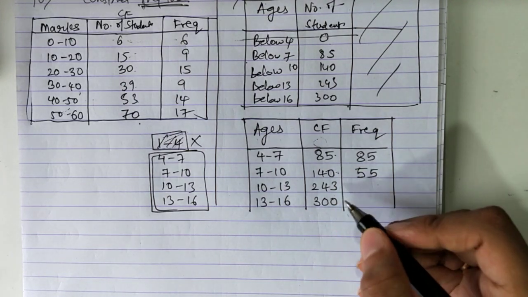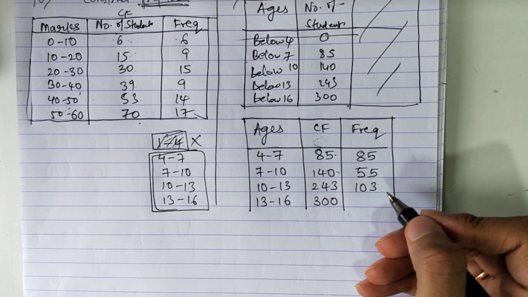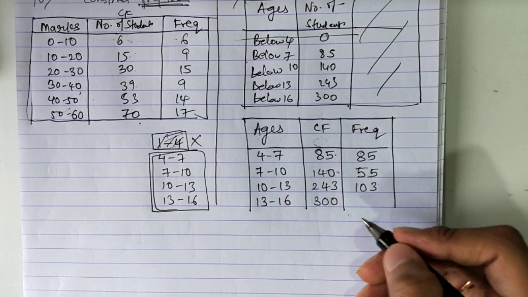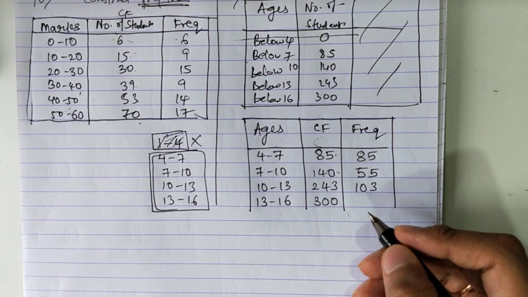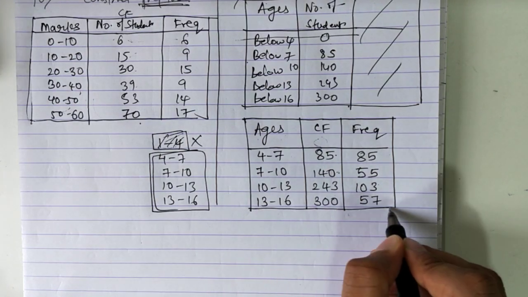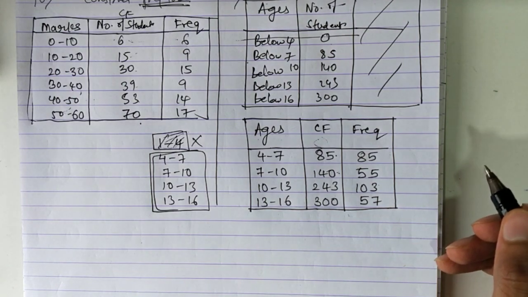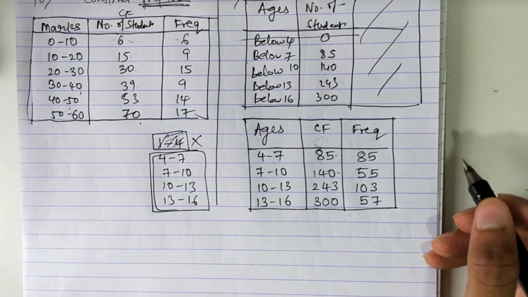Then 243 minus 140, that is 103, and 300 minus 243, 57. This is our answer.